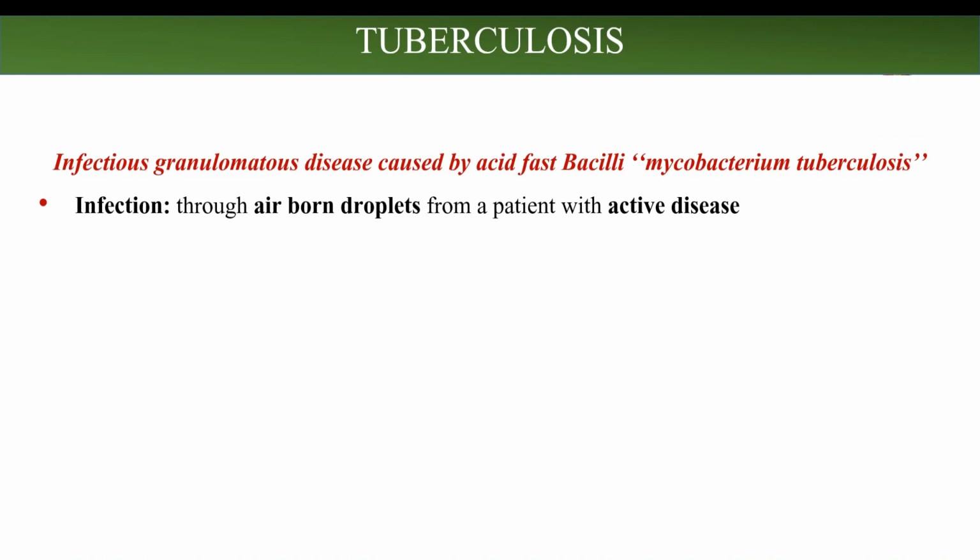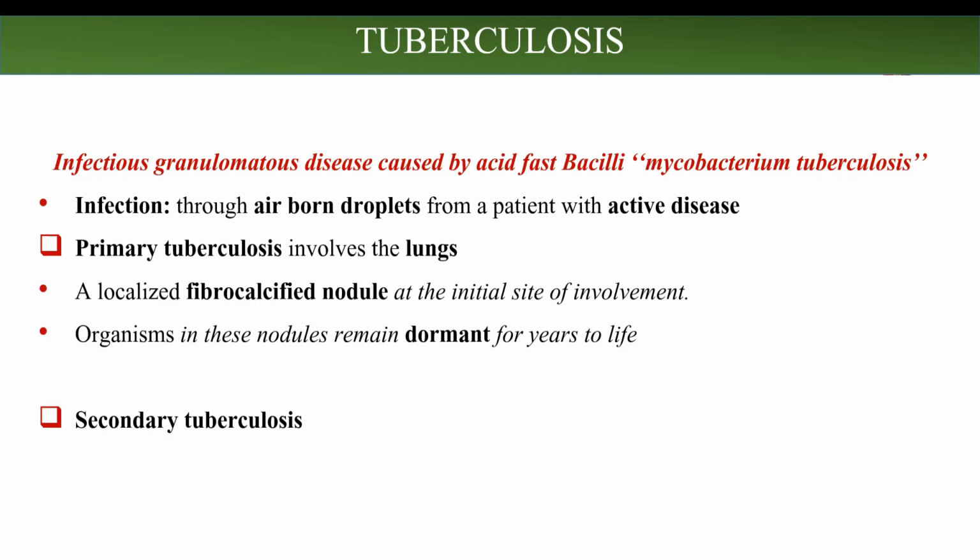So why is this infection dangerous? Because it is spread through airborne droplets from a patient who has the disease in an active condition. There are two types, primary tuberculosis and secondary tuberculosis. Primary tuberculosis mainly involves the lungs, and this begins as a fibrocalcified nodule at the initial site of involvement, that is the lung.